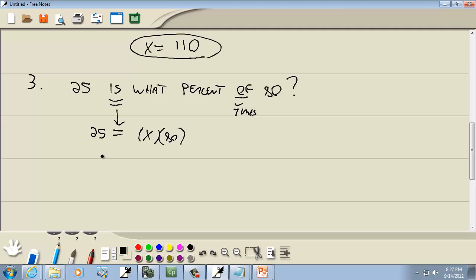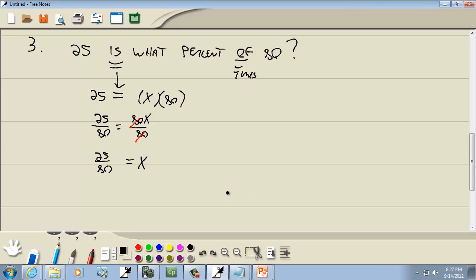So I'm going to go ahead and divide both sides by 80 to get the x by itself. X times 80 is just 80x. And do that, those are going to cancel. And we get 25 over 80. Drop my pen.